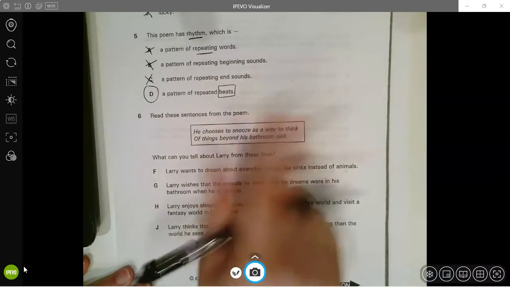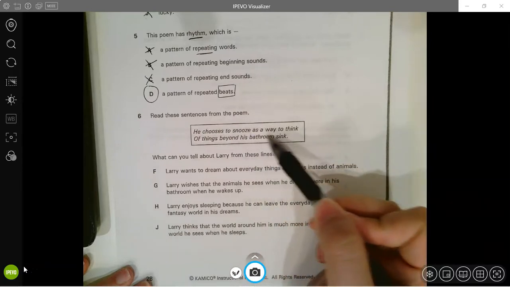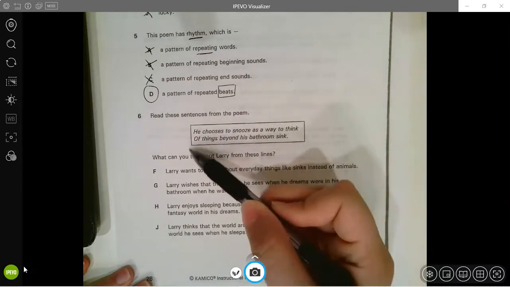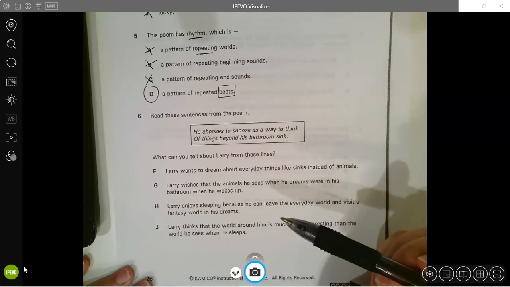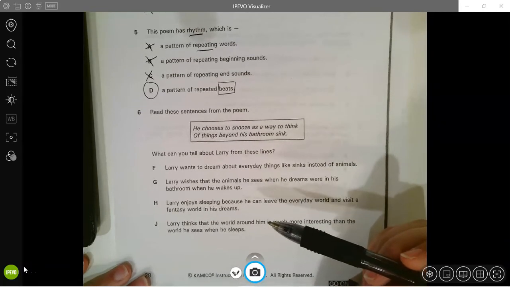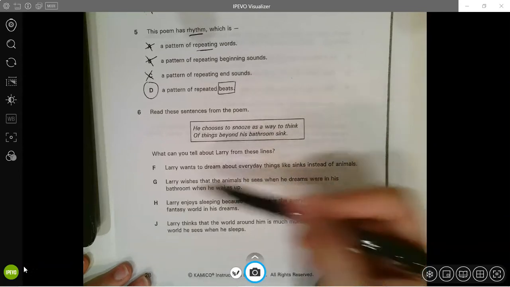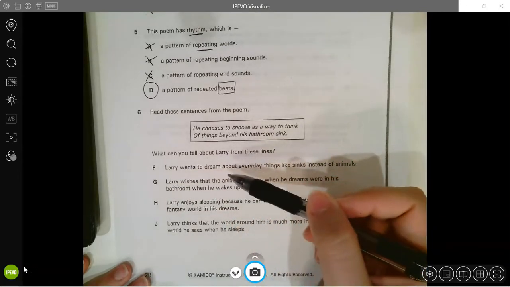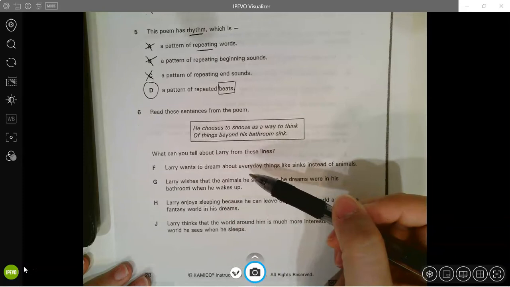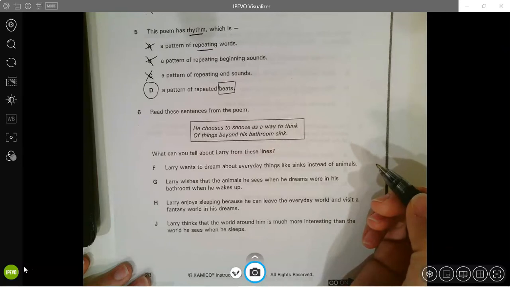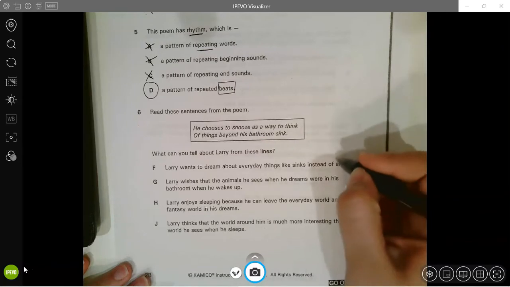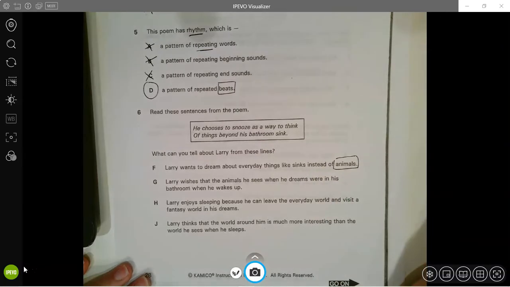Read these sentences from the poem. He chooses to snooze as a way to think of things beyond his bedroom sink. What can you tell about Larry from these lines? F. Larry wants to dream about everyday things like sinks instead of animals. So no, because in our poem it talks about how he dreams about animals and nothing else.